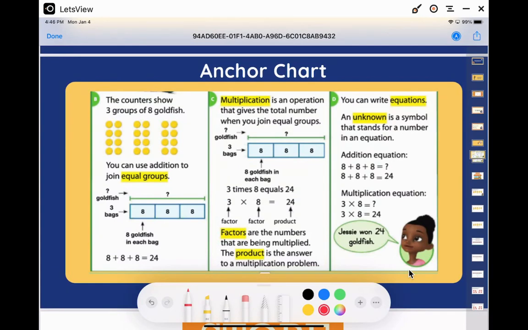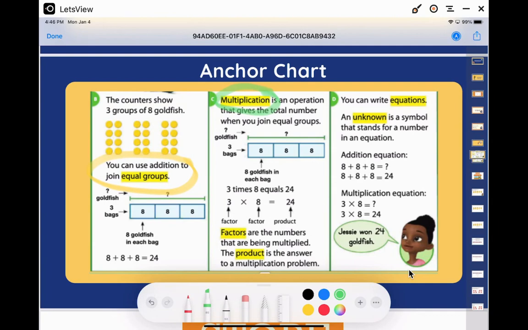Let's start with equal groups. If you take a look at the term equal groups in our picture, equal groups just tells us that we have sets that are the same. Our next term for today is multiplication.